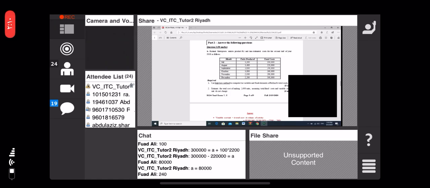Can you divide what's the amount fixed cost and variable cost when the total cost or mixed cost was 240?